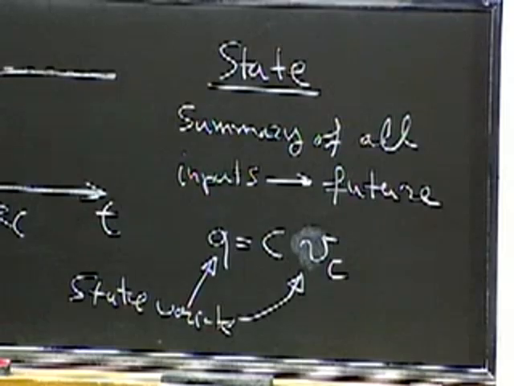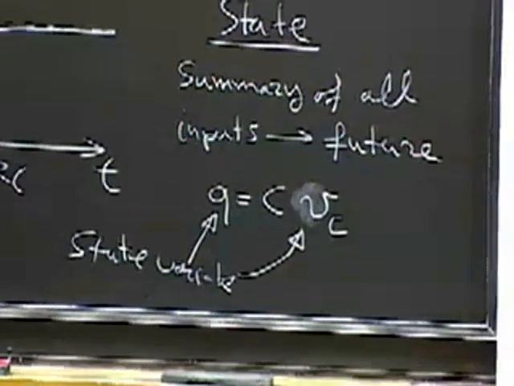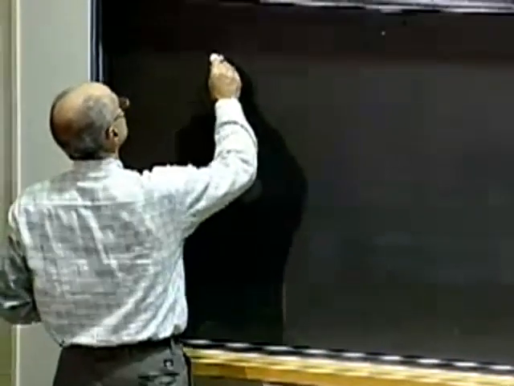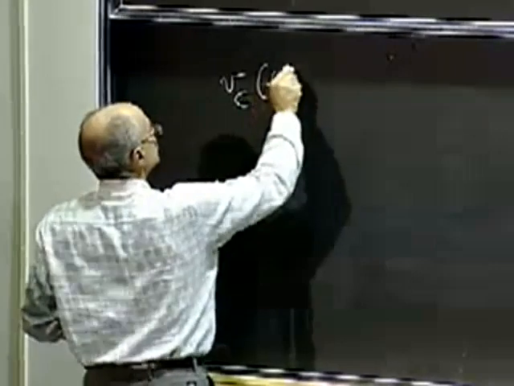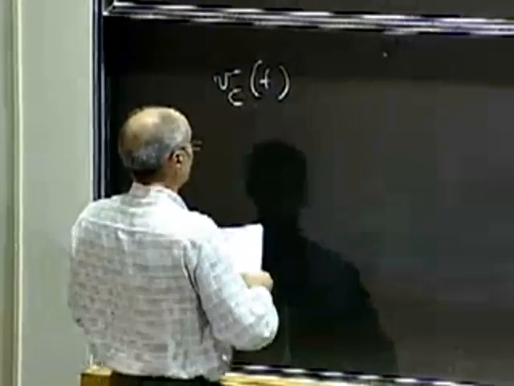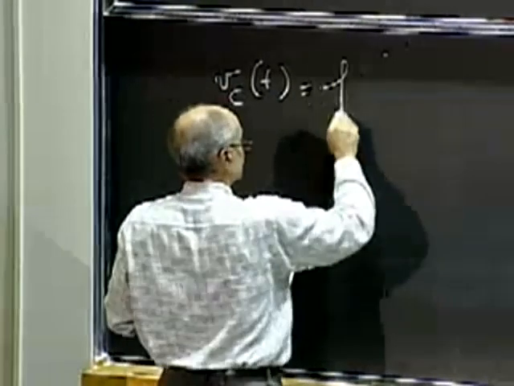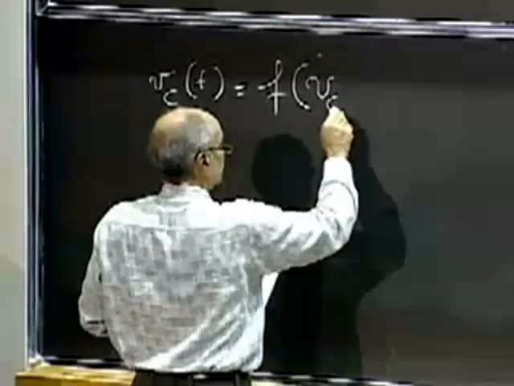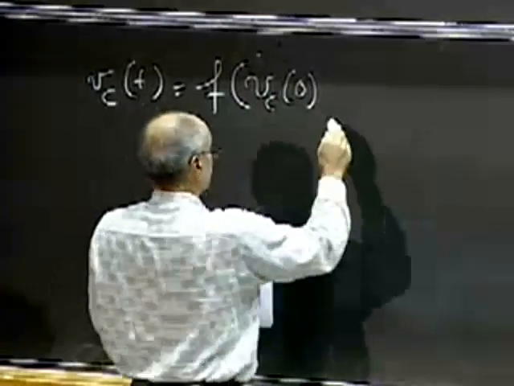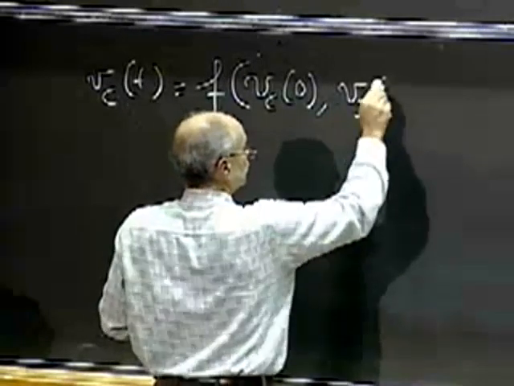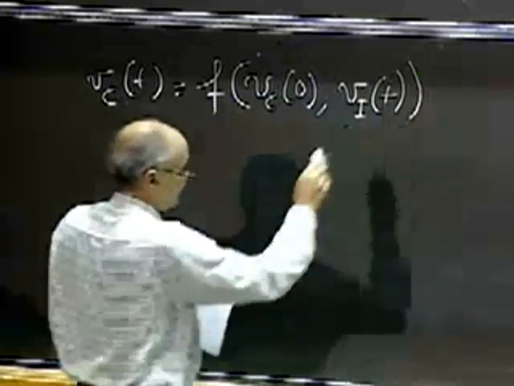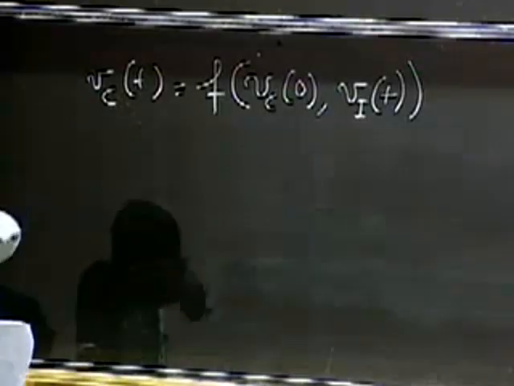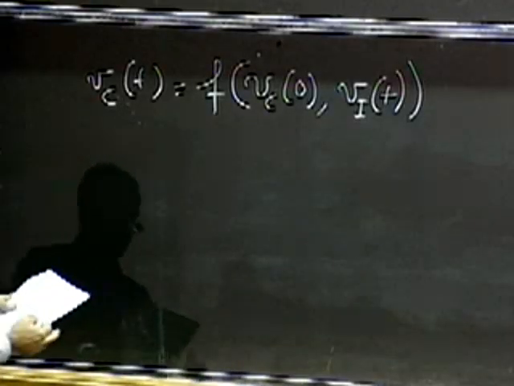What we have is that Vc of t, so that's the future value of the voltage on the capacitor, is a function of Vc at 0, the initial value, and the variable input now in the future time.